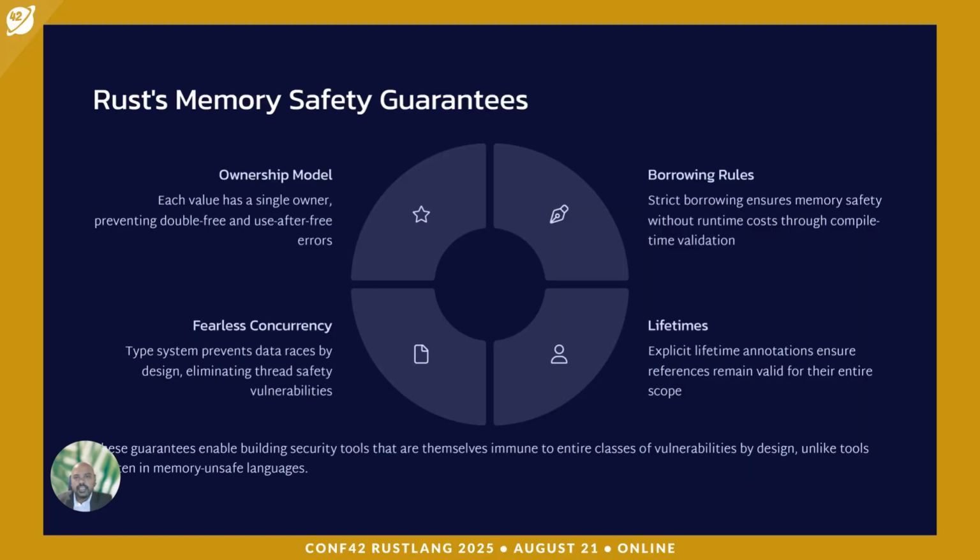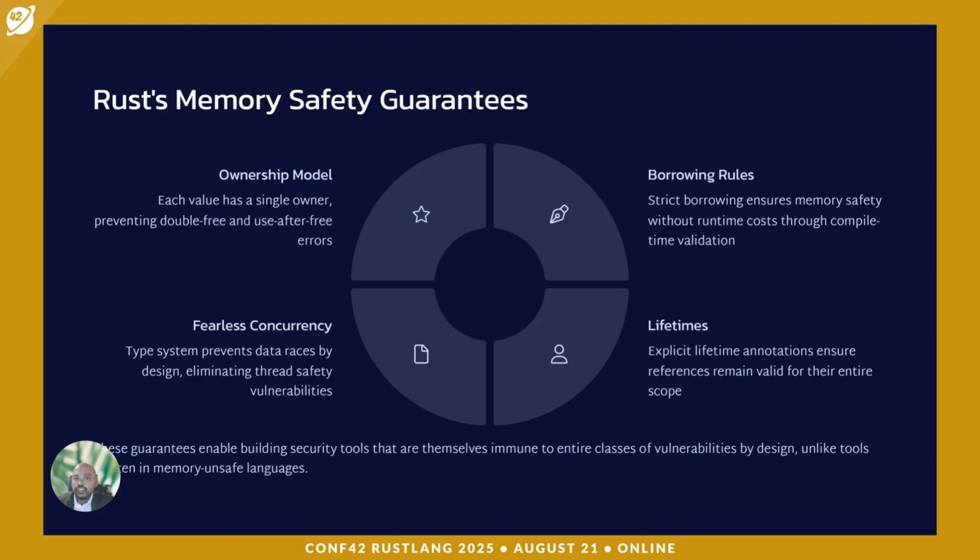Rust memory safety guarantees. Rust changes the game by making entire categories of vulnerabilities impossible at compile time. It enforces ownership, so every piece of data has only one owner, with no double free. Borrowing rules ensure safe reads and writes without corrupting memory.